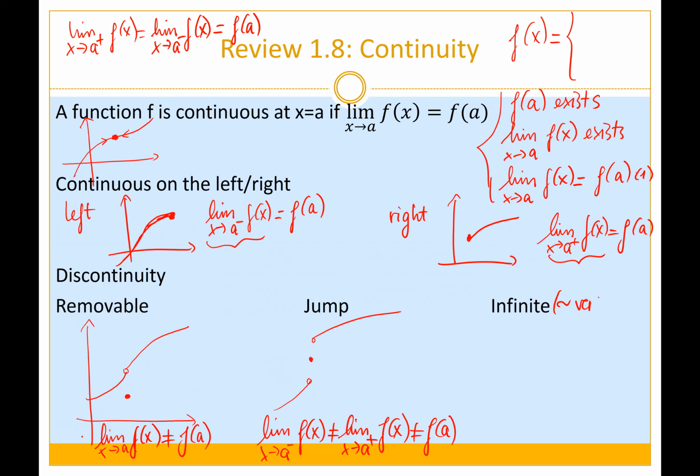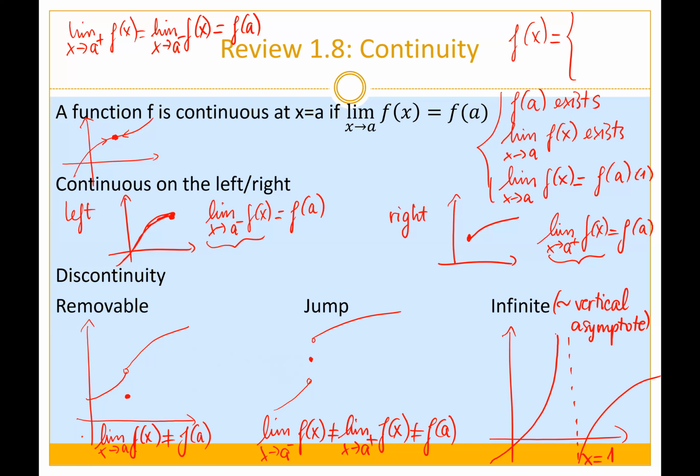And then finally, you have infinite discontinuity, which, if you have learned it in high school, you'll know as a vertical asymptote. But if you don't remember, on a graph it's going to look like this. Say you have a straight line, say this one is x equals 1. Your graph is going to approach y equals infinity when it approaches this line.